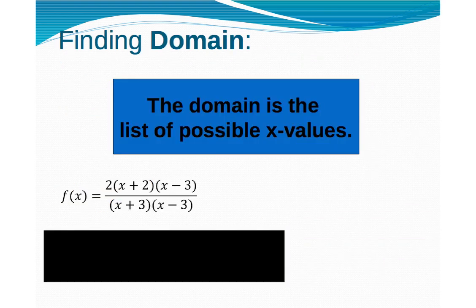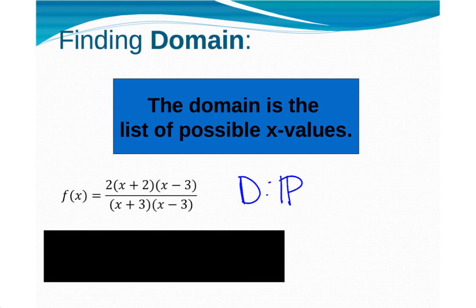The first key feature we're going to look at is finding the domain. Now remember, the domain is a list of possible x values. And if we look at our function here, we have a bunch of x values. So our domain is always going to start off with all real numbers. And if we can remember from our graph yesterday, there's an exception to all real numbers, and we need to figure out what that is.